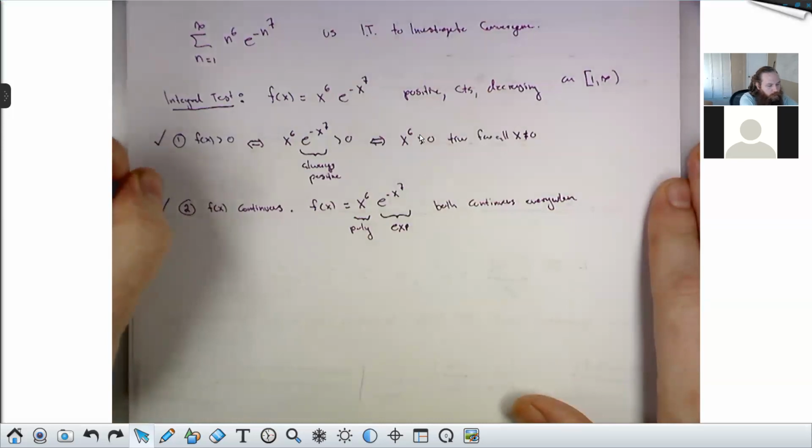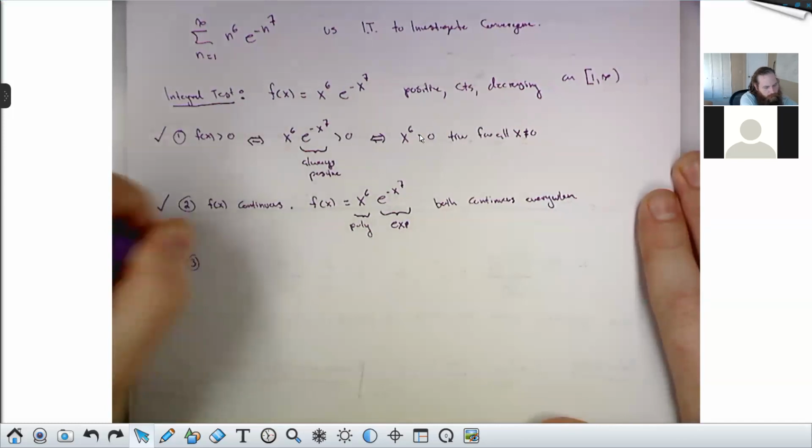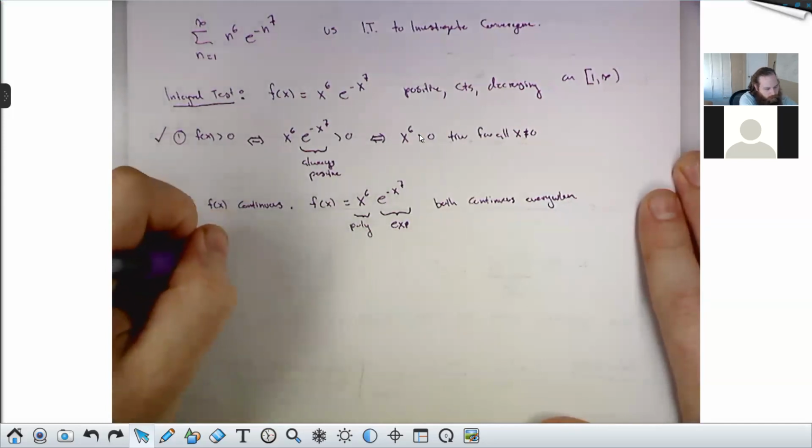So the product of two continuous functions is indeed continuous. So we have nothing to worry about here. The work shows up in verifying that this is decreasing.